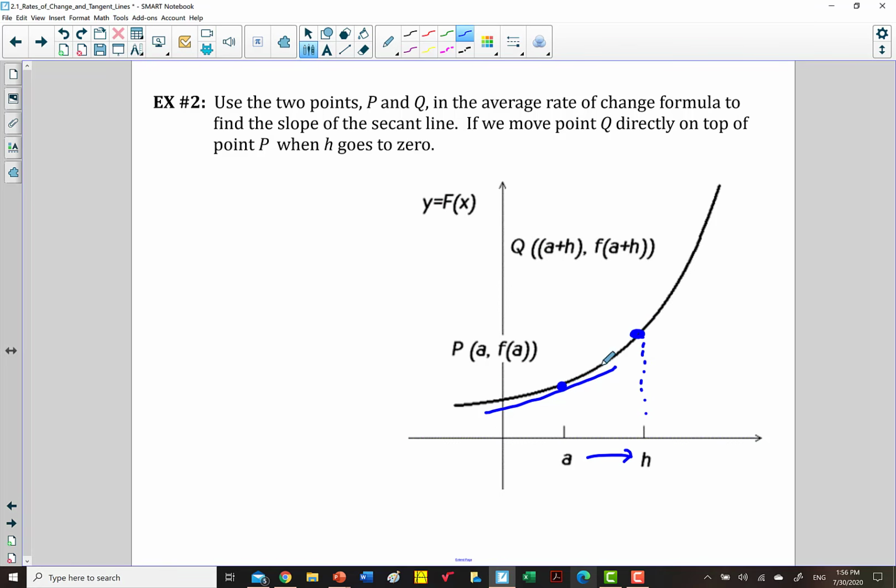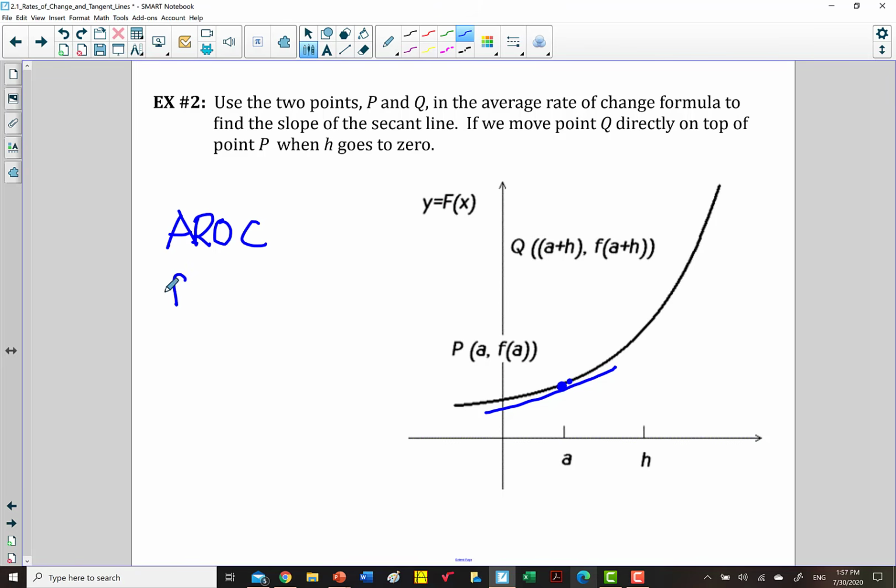If I found the slope of the secant line from A to H, and then moved that line closer and closer and closer to A, so that my interval is getting smaller, eventually I could be so close to A that I could find the slope of the line that way.